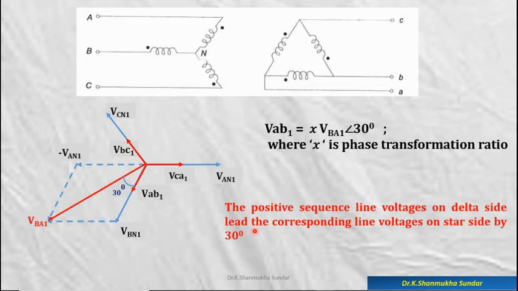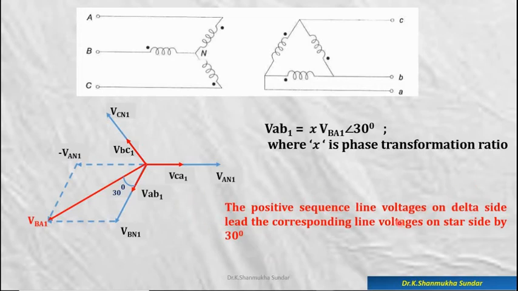Whereas in case 1, same thing, it is excited with positive sequence voltages, but the terminals are represented here as A, C, B. There it was in reverse. The positive sequence line voltages on star side lead the corresponding line voltages on delta side by 30 degrees. That is case 1. Now case 3 is in the reverse way.